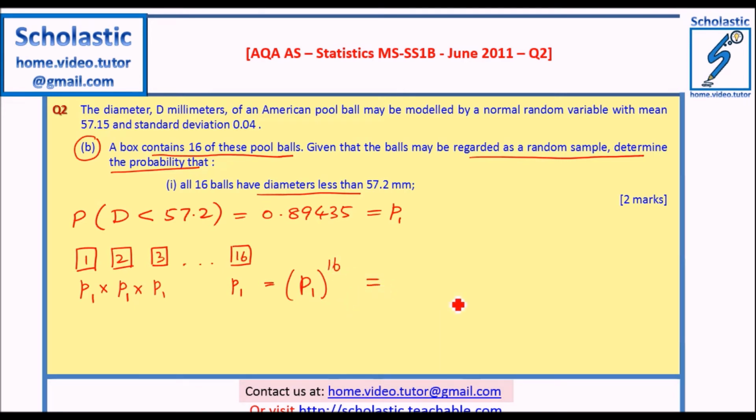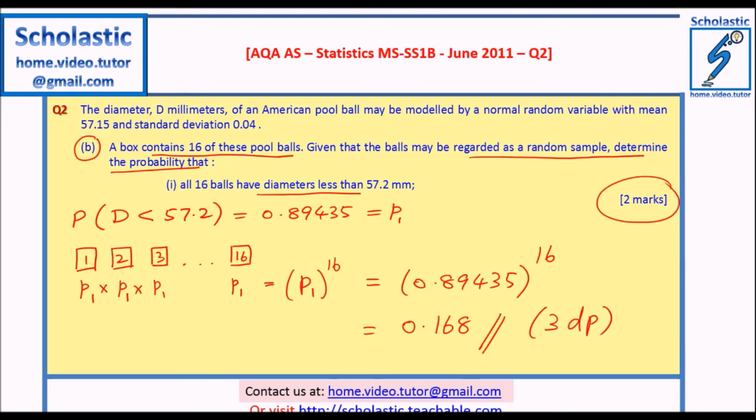So that will be 0.89435 to the power 16. Using the calculator you can find the value to be 0.168 to 3 decimal places. This will earn you about 2 marks.